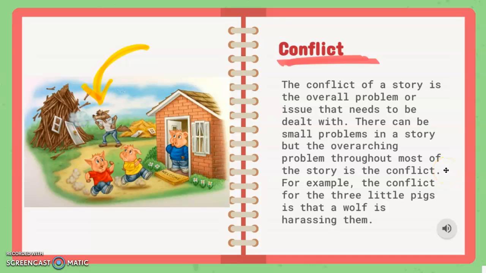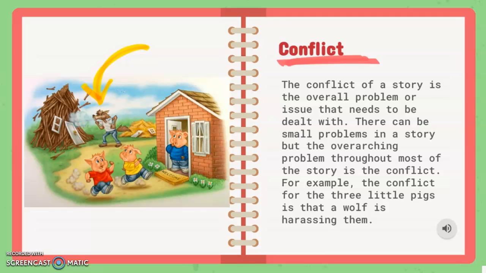So the little teeny tiny problems, like the fact that the three little pigs had to decide what to build with, that was kind of an issue for them, but it wasn't their biggest problem. So it wouldn't be the conflict of their story. For example, the conflict for the three little pigs is that a wolf is harassing them.